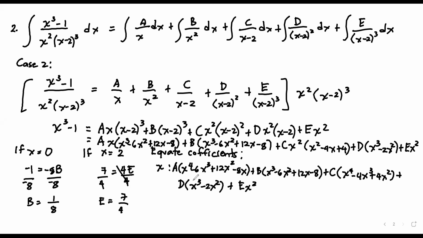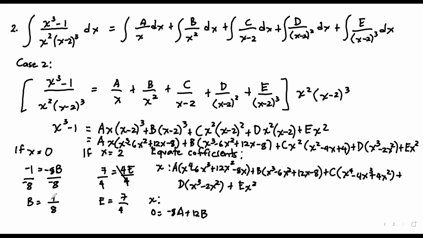Okay, so for the coefficient of x, there is none on the left, so 0 equals, the coefficient here is negative 8 times a, negative 8a, and the coefficient of x here is 12b. The coefficient of x in the other terms is 0. So you will have 0 equals negative 8a plus 12b.